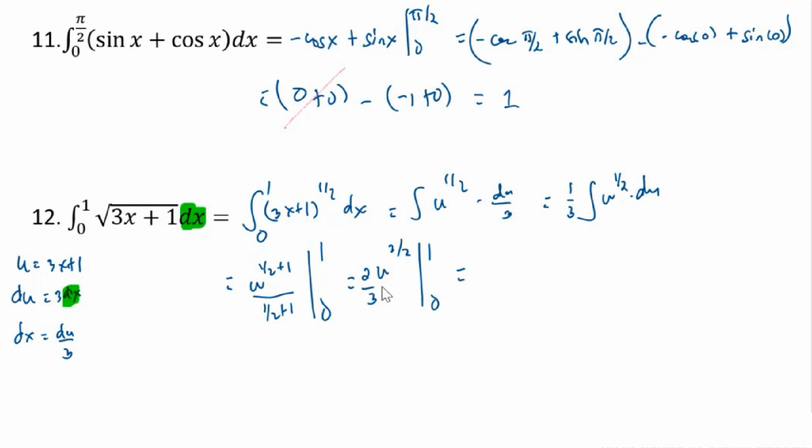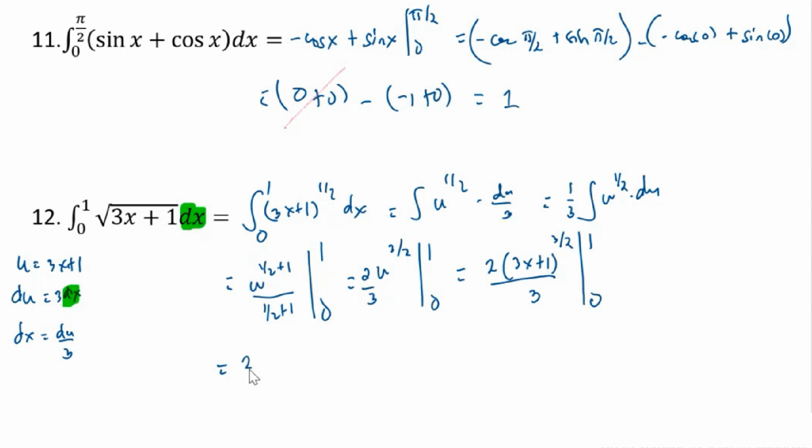So we are going to substitute the meaning of u. So we have 2 times the quantity of 3x plus 1, raised to the power of 3/2, all over 3, and this will be from the interval from 0 to 1. So we have to substitute.